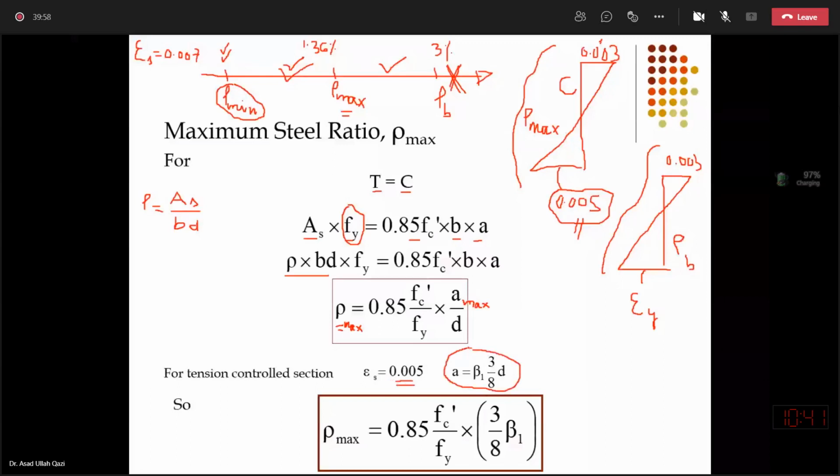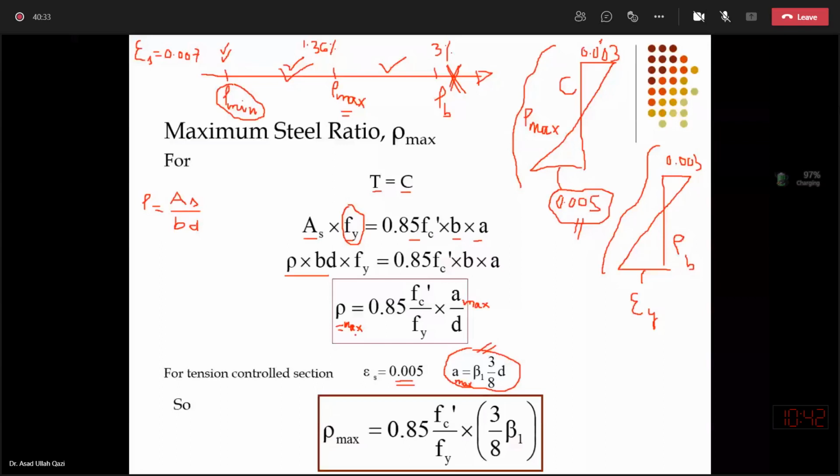So this we can use as a max because it is such a uniform stress block depth, which ensures 0.005 in steel corresponding to crushing in concrete. So I just replaced this a with a max. So once I'm putting this a, I'm allowed to use max as subscript.